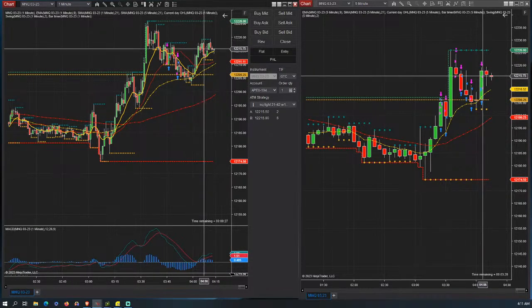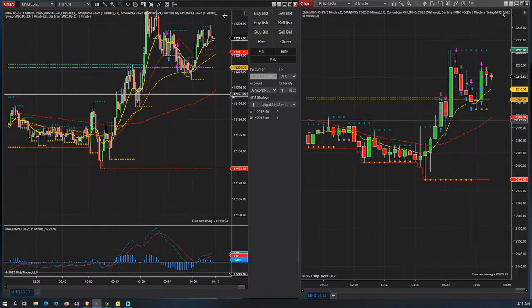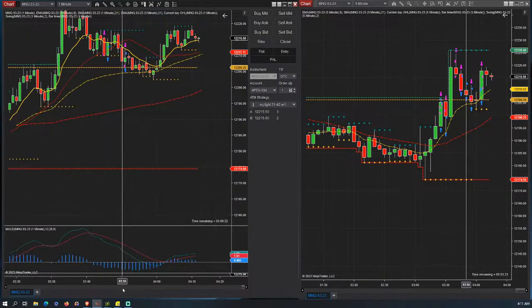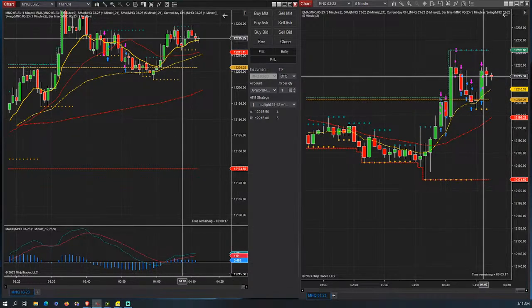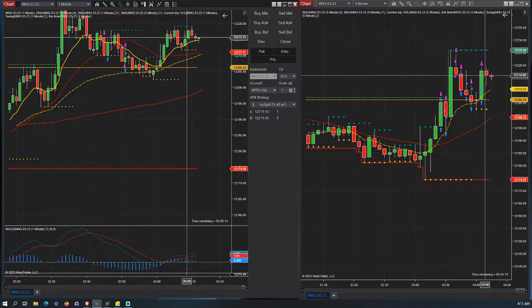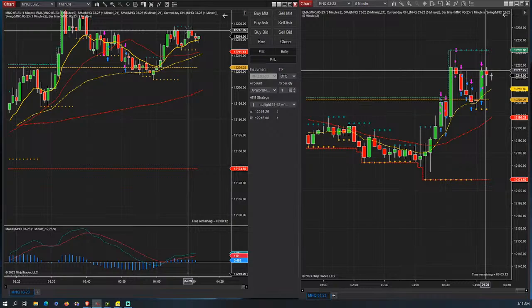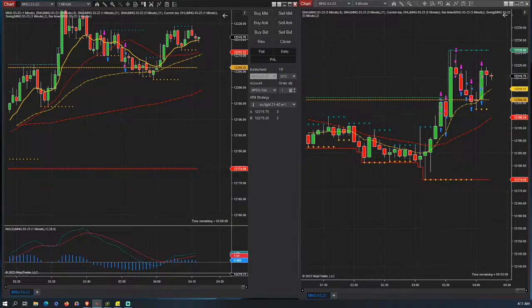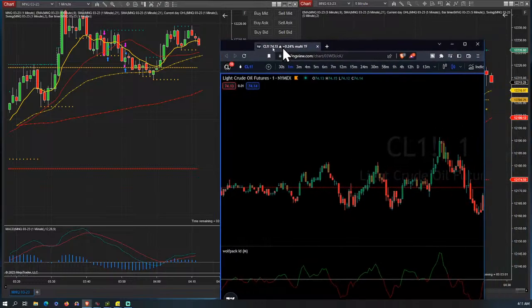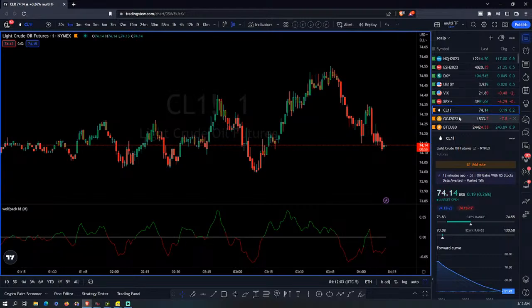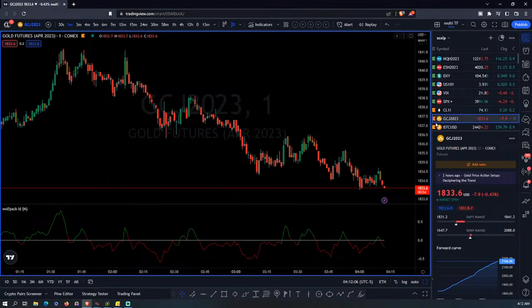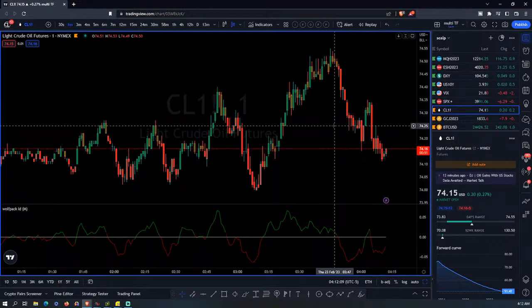For Nasdaq, this is super slow. Let me look at oil. Hallelujah. Why haven't I been trading oil right now? Look at this. What about gold? Gold's choppy. So oil's moving though.